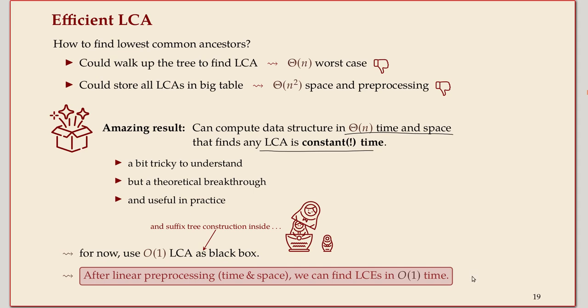Okay, so the thing to keep in mind is this box. If you're given a tree, linear time for looking at the tree, and some space to store some extra information, you can find LCAs in the tree in constant time.